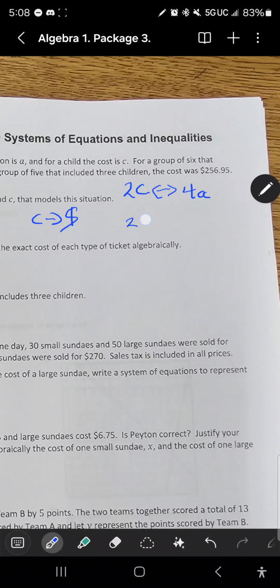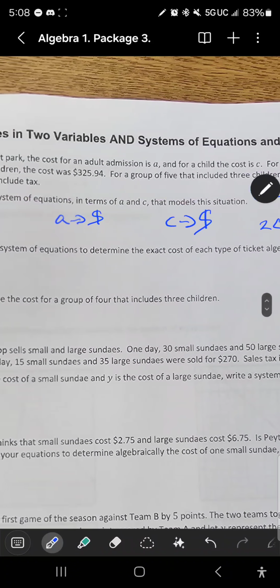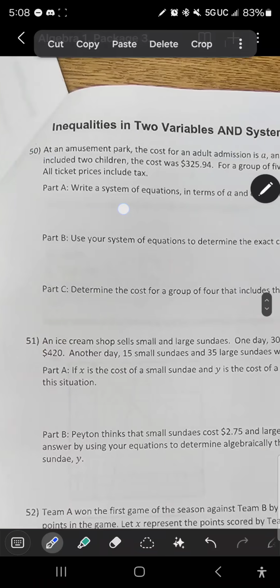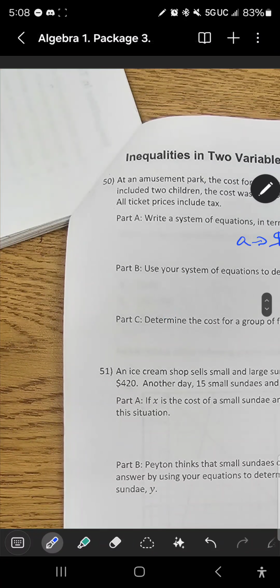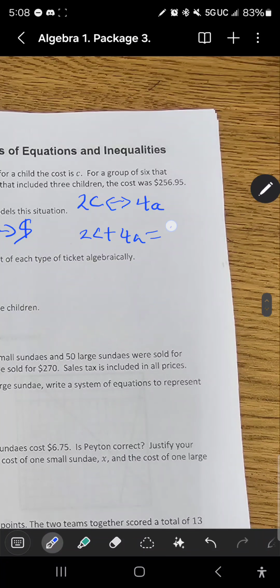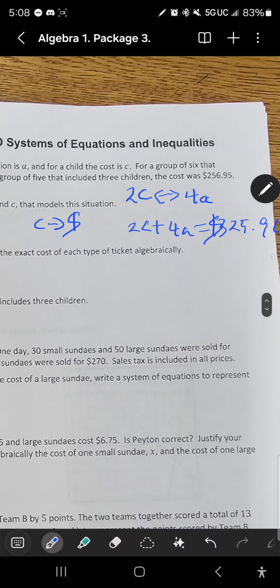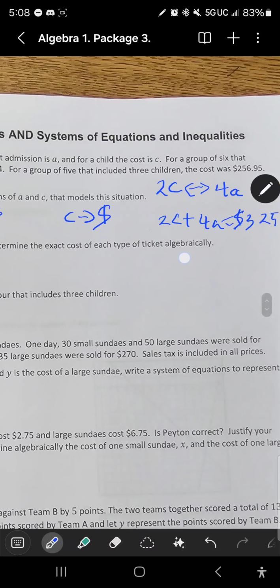So I can say that 2C plus 4A, because there are 4 adults, is going to be equal to $325.94. Okay, let me write this here.